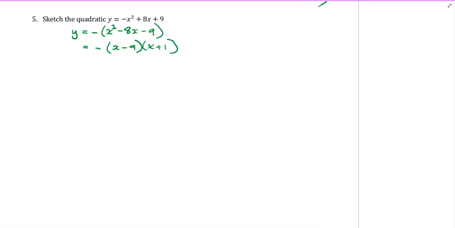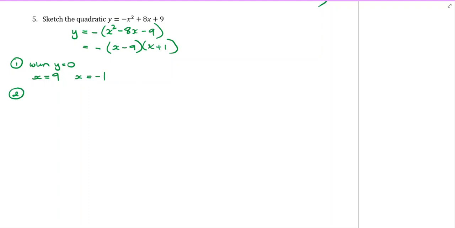That makes it a little bit easier for me to do step number 1, which is to find the x-intercepts. The x-intercepts are when y equals 0, but because I already have it factorized, I can read those solutions straight away, which would be x is equal to 9 and x is equal to minus 1.